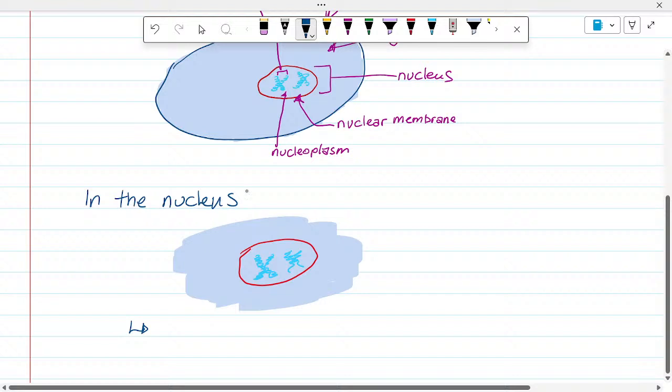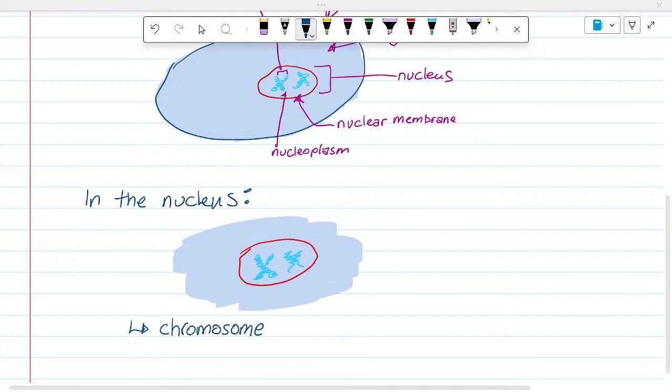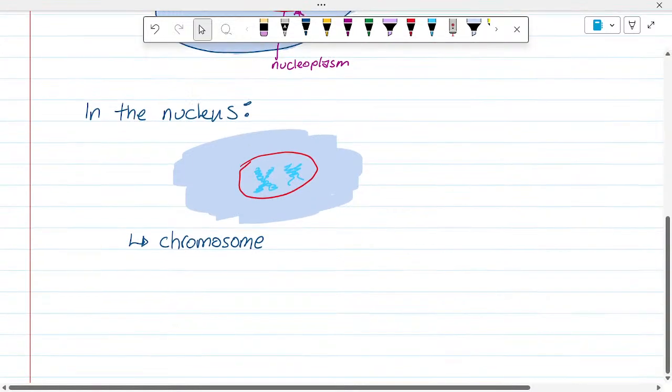In the nucleus, we have chromosomes, which are long, very long, strands of DNA.